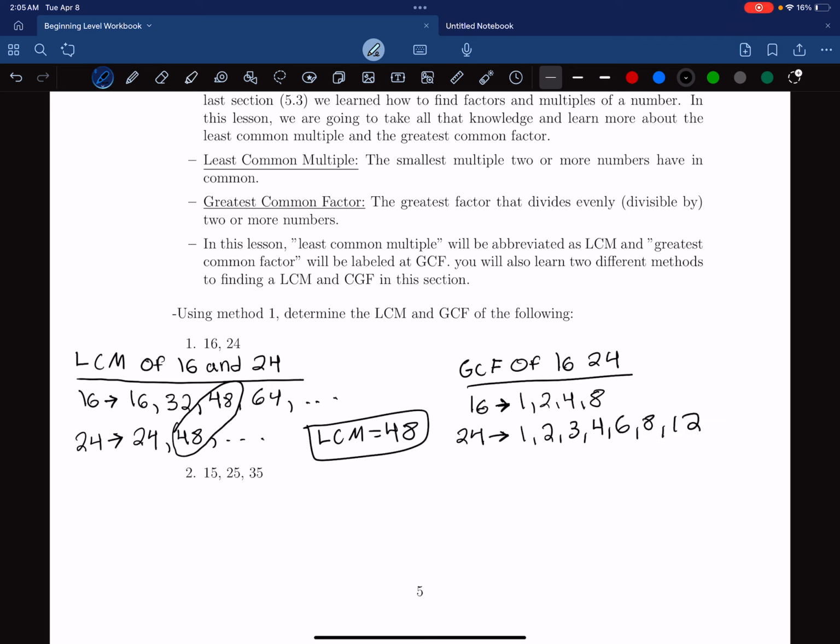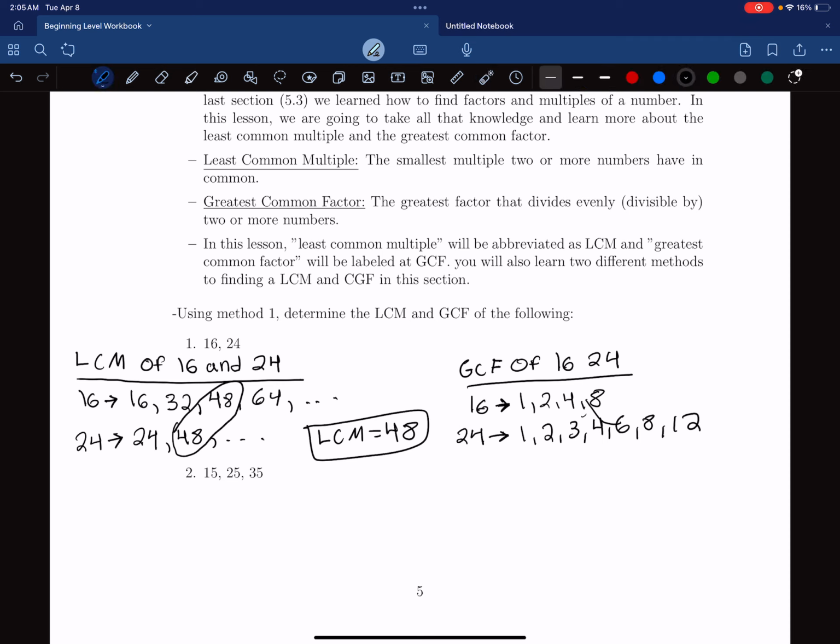Now, one thing you will notice is we have some factors in common. We have a 1 in common, a 2 in common, a 4 in common, and an 8 in common. But one thing to keep in mind is that we're looking for the greatest factor that divides evenly. In this case, the largest factor that divides evenly into both 16 and 24 is going to be 8.